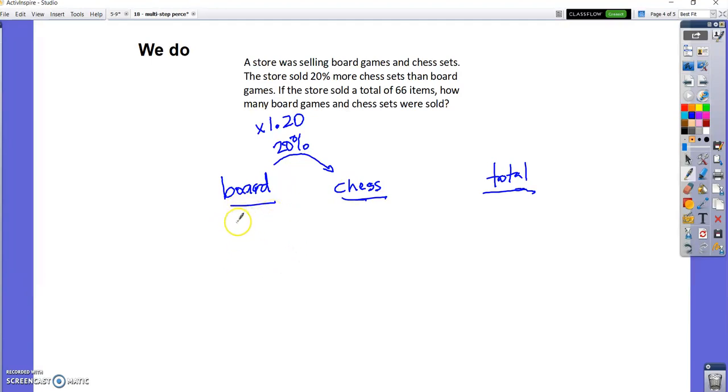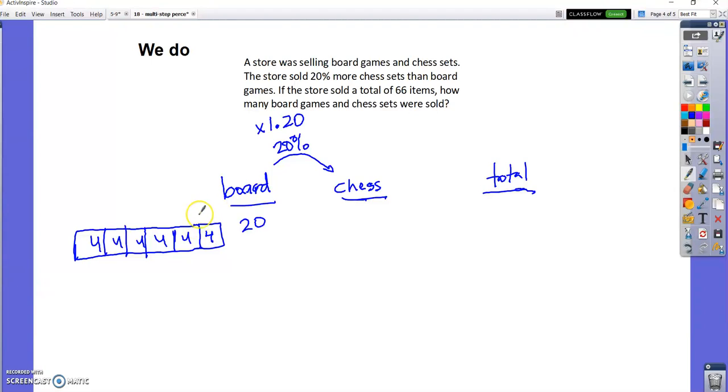What if the number of board games was 20? Just come out of nowhere. So 20% more, if you don't want to multiply by 1.2, 20% means like 5 groups. So that'd be 4, 4, 4, 4, 4. So 20% more would be another 4, right?